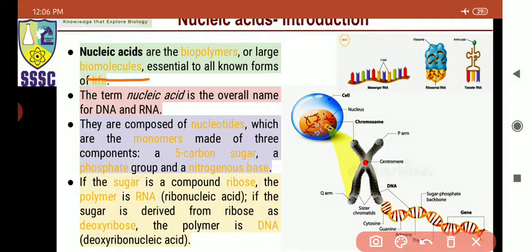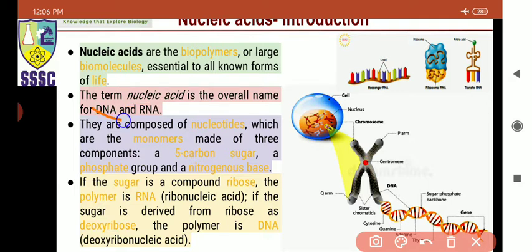They are important for our life because the hereditary material DNA is the example of nucleic acid. The chromosomes are composed of these nucleic acids. As they were found in the nucleus, they were named nucleic acid.